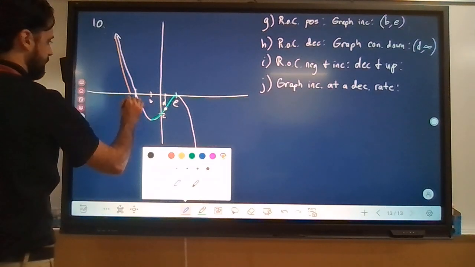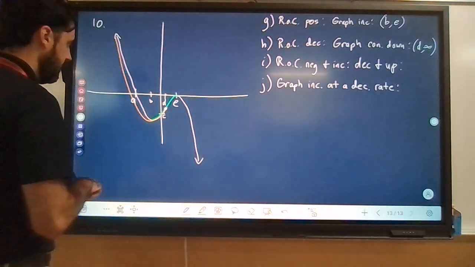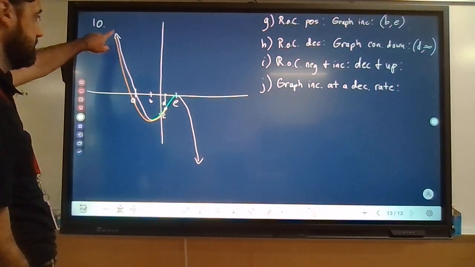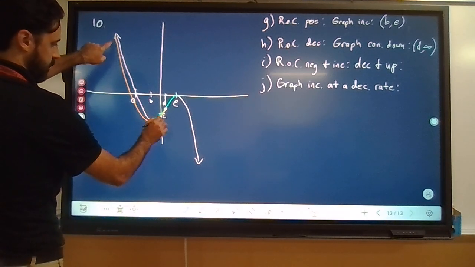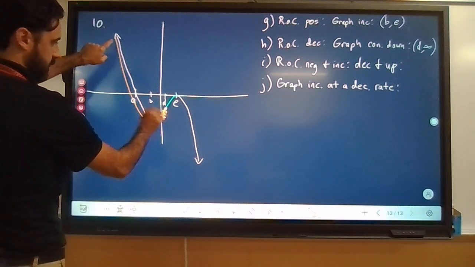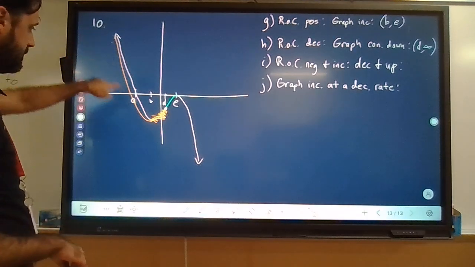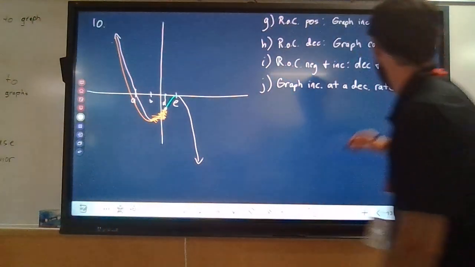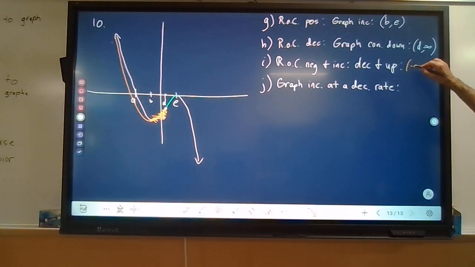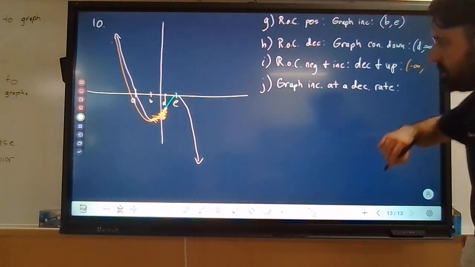Right here, our graph is concave up till right there, and it's going to be decreasing until the minimum. After that, it's no longer decreasing. So it's going to be just this portion right in here. We would answer that as being from negative infinity to B.